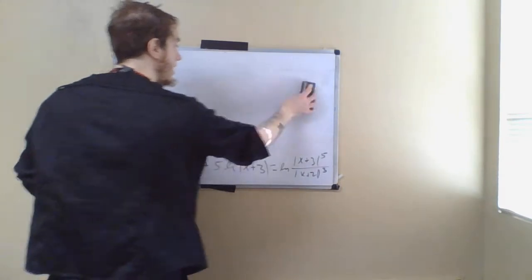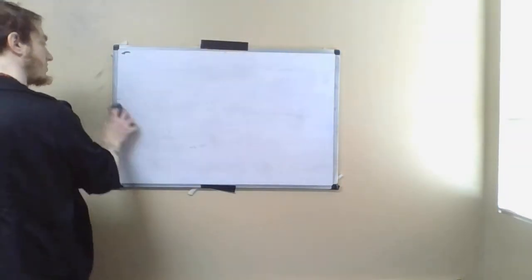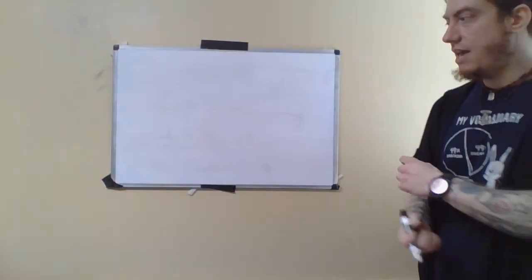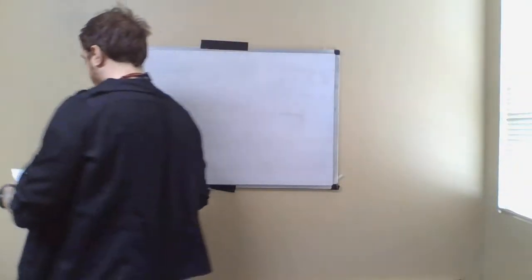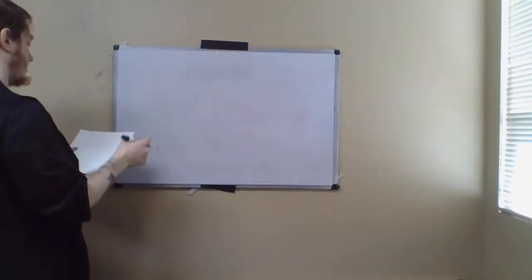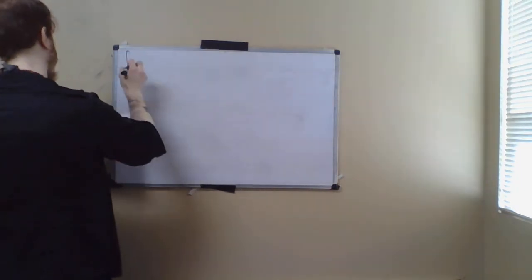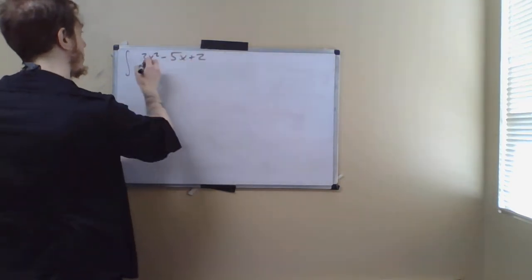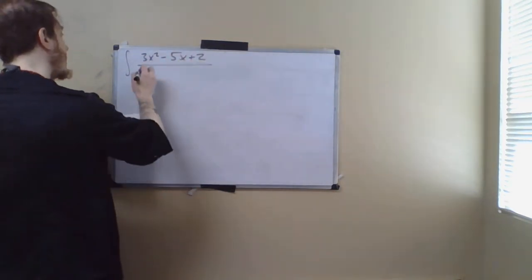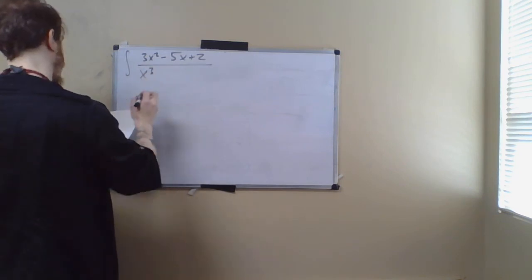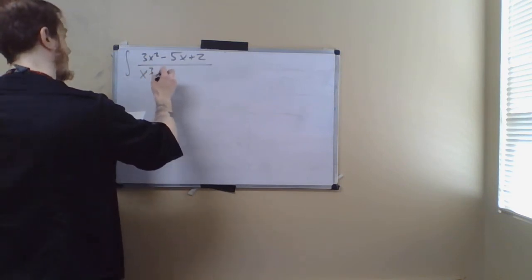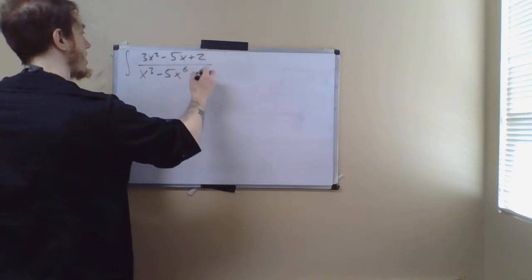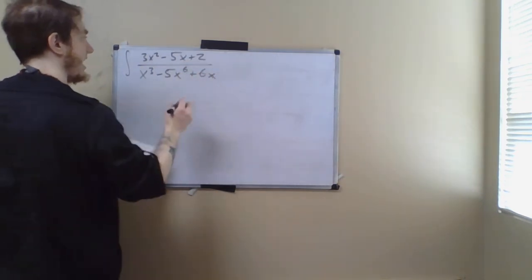Now, as I said, you could probably have done this example with some other tricks as well, but I think you'd find that they would be more difficult. And here is an example that I have conveniently written down where we wouldn't be able to do this. What if I wanted to do the integral of 3x squared minus 5x plus 2 divided by x cubed minus 5x squared plus 6x dx?